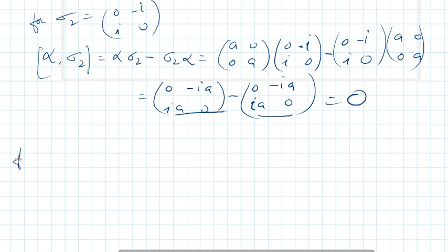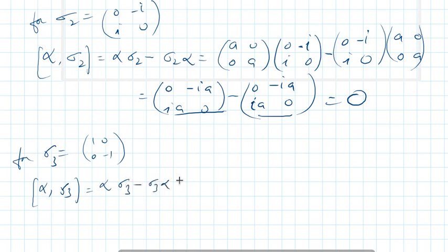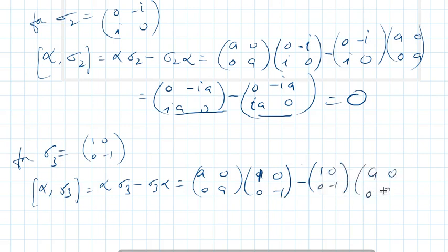Similarly, for the third Pauli matrix, sigma 3 can be expressed as [[1, 0], [0, -1]]. So for this, the commutator [alpha, sigma 3] is equal to alpha sigma 3 minus sigma 3 alpha, where alpha is [[A, 0], [0, A]].